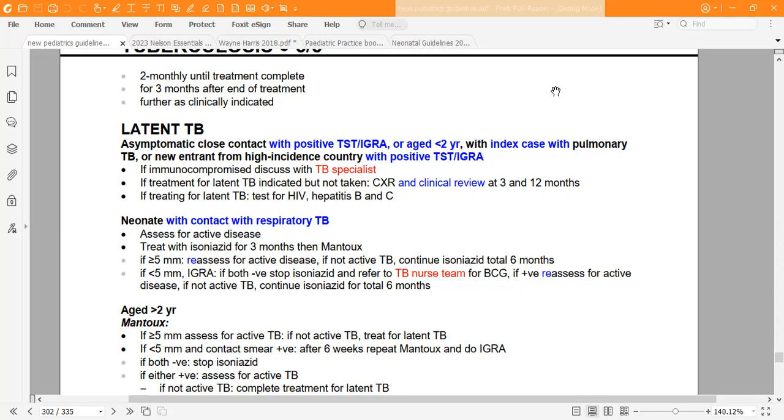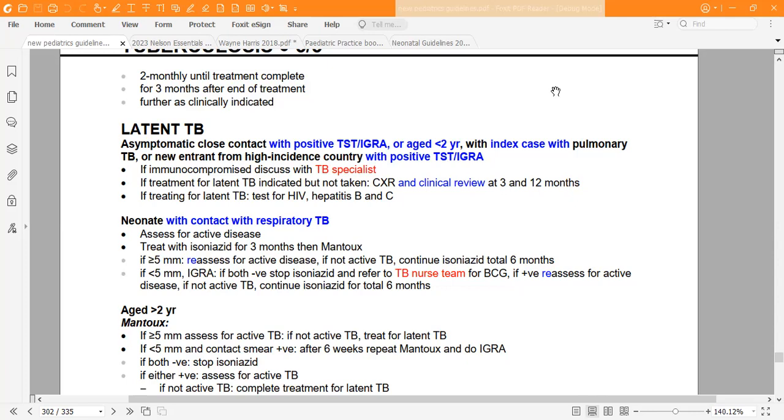So neonate with contact with respiratory TB: assess for active disease first, treat with isoniazid for 3 months, then do Mantoux. If the size is 5 millimeter or more, reassess for active disease.